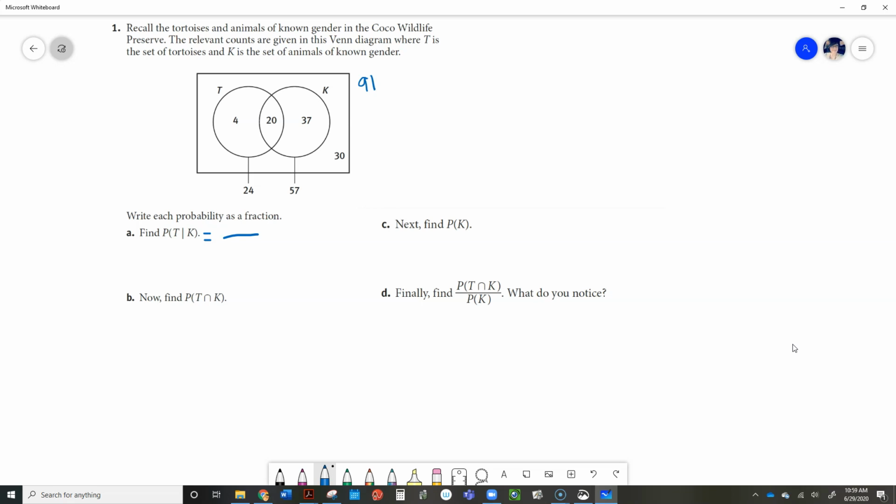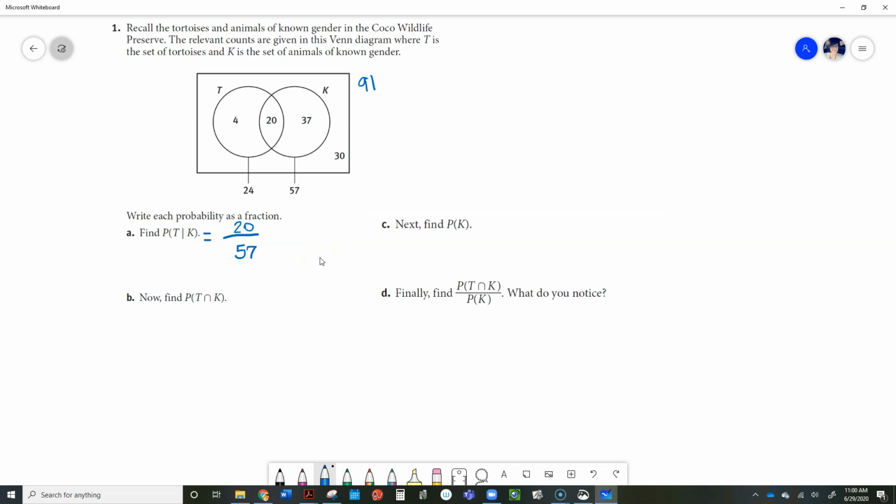So the total known gender is what's going to go on bottom. So that's 57. And the fact that it's a tortoise with its known gender, so that's going to be 20 on top. I'm going to jump over here and just make sure. Yeah, given that it's a known gender, I'm right.